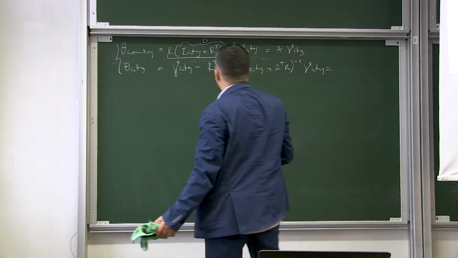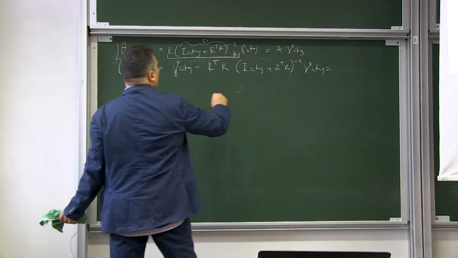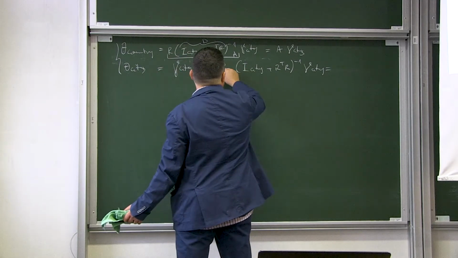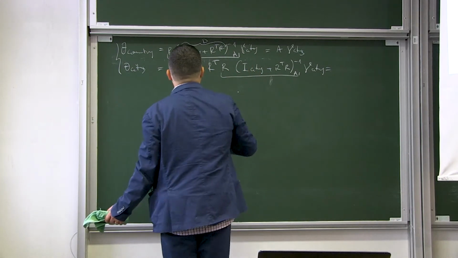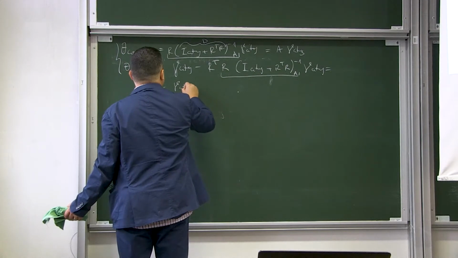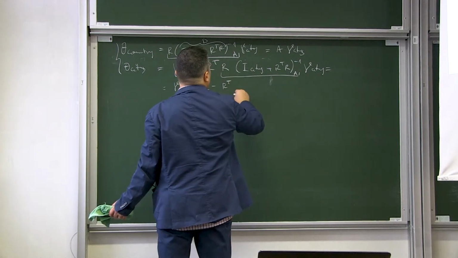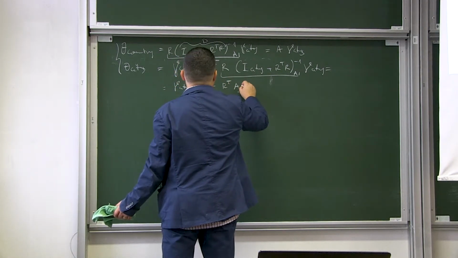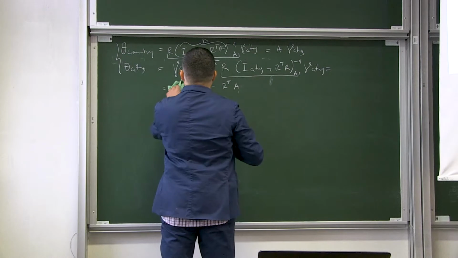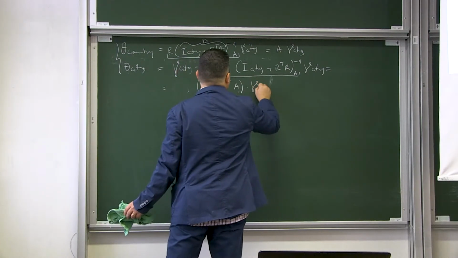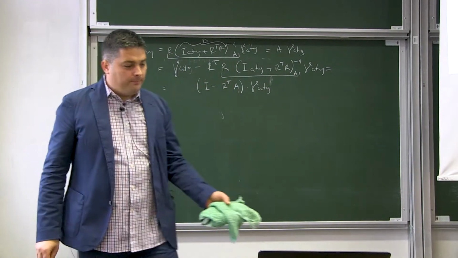So that this is gamma ct minus, this is again A, so this is gamma ct minus identity minus R transposed A times gamma ct. Okay? So I have it in this form.